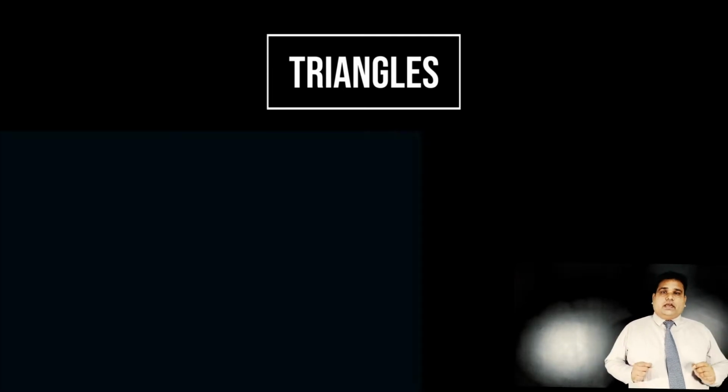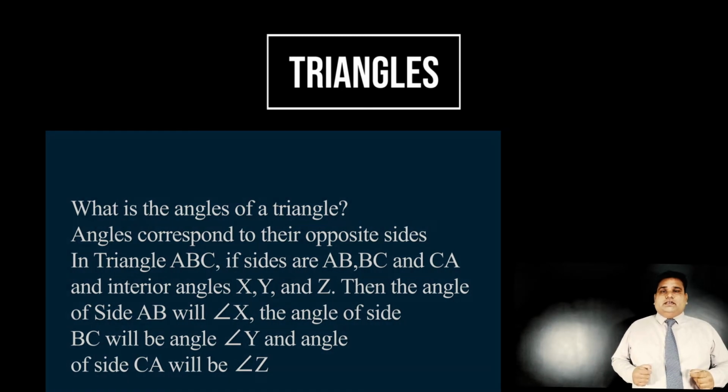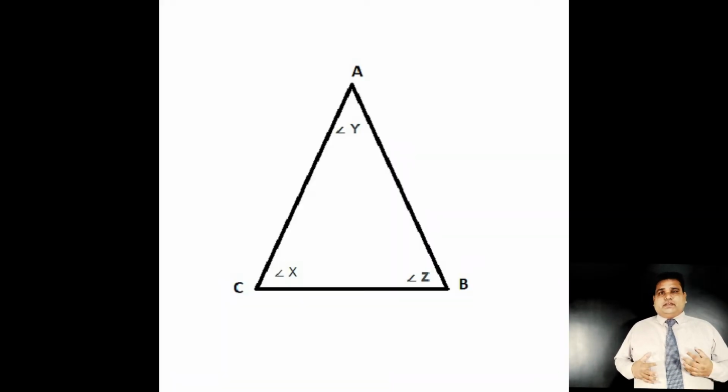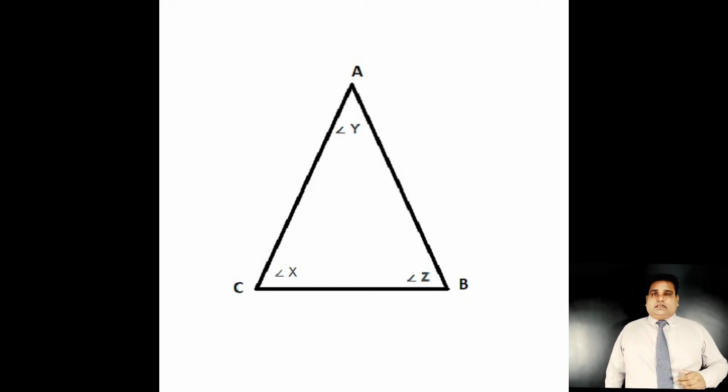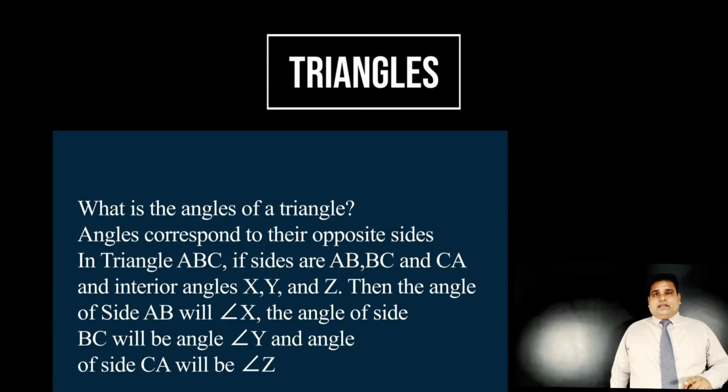Let's say in this triangle ABC, the angle opposite to side AB is angle X. So if we want to know the angle of side AB, it will be angle X. Similarly, the angle of side AC will be angle Z, and the angle of side BC will be angle Y. Always remember that the angle of a side in the triangle is the one opposite to that side.